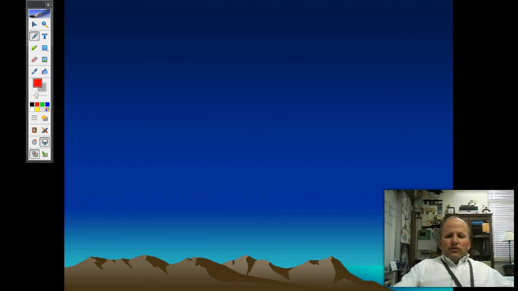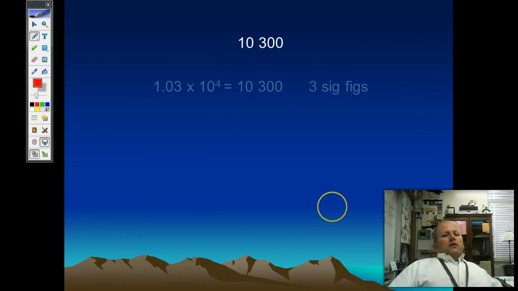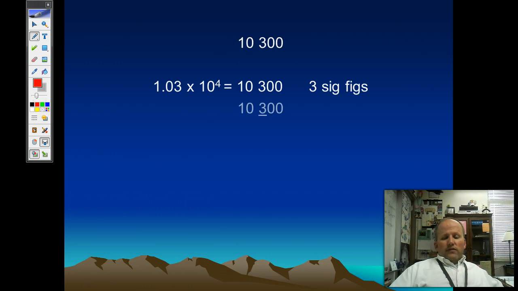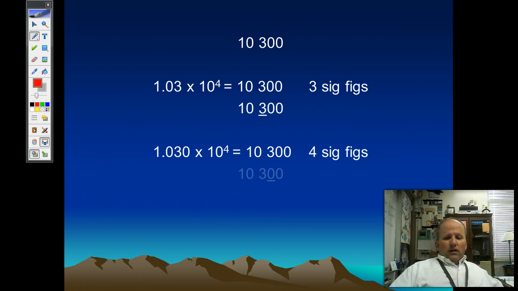Now let's quickly go through the other one that we just looked at, 10,300. How do we make those either 3, 4, or 5 sig figs? That's how we would do 3 sig figs as scientific notation, or we can underline the 3. 4 sig figs, there it is in scientific notation.